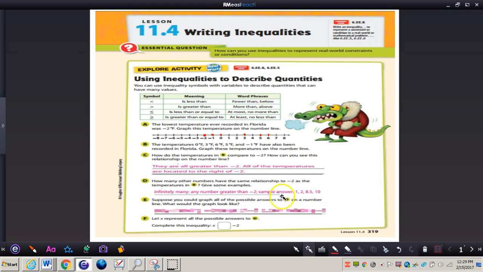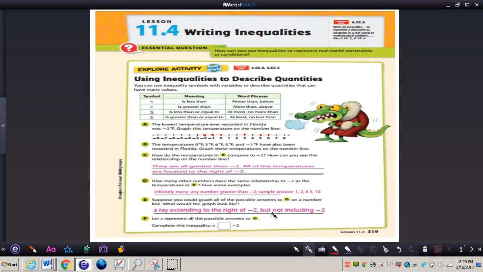Some example answers: 1, 2, 8, 5, 10, 15 billion, all greater than -2. There's not an end to it at all. Now suppose you could graph all of the possible answers to D on a number line. What would the graph look like? We have a ray extending to the right of -2, but not including -2. That's what the graph would look like if we were to graph all the answers from letter D.